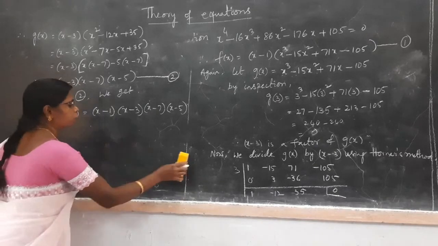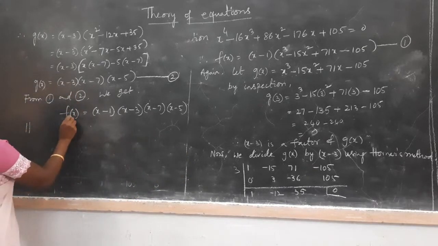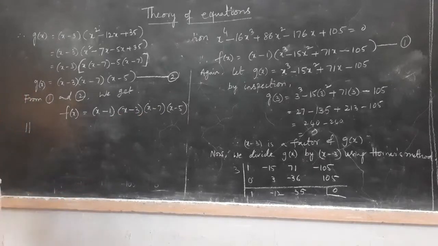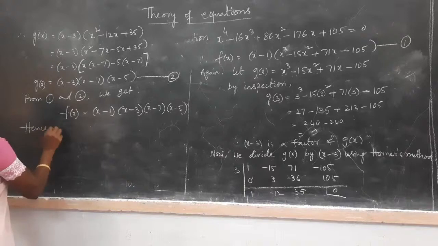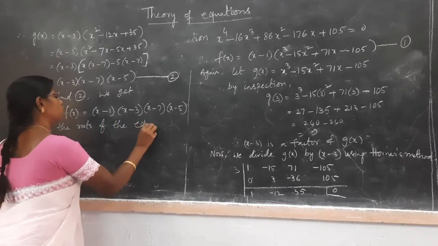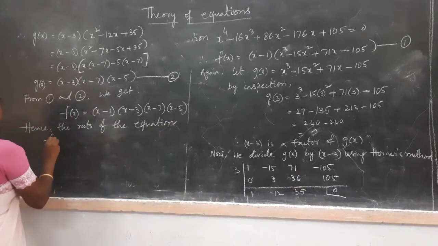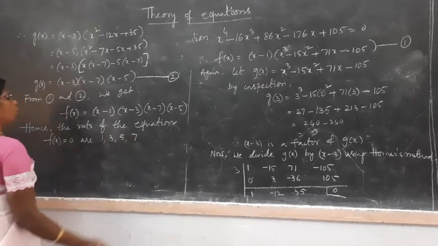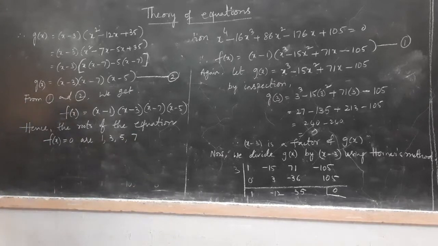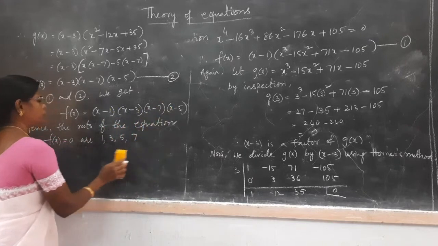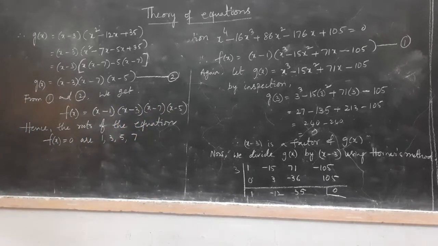Hence, whenever the polynomial f(x) is factorized completely as x minus alpha 1 into x minus alpha 2 into x minus alpha 3 like this, we have obtained all the roots. Hence the roots of the equation f(x) equal to 0 are 1, 3, 5, 7. The given polynomial equation is of degree 4, that's why we got four distinct real roots.